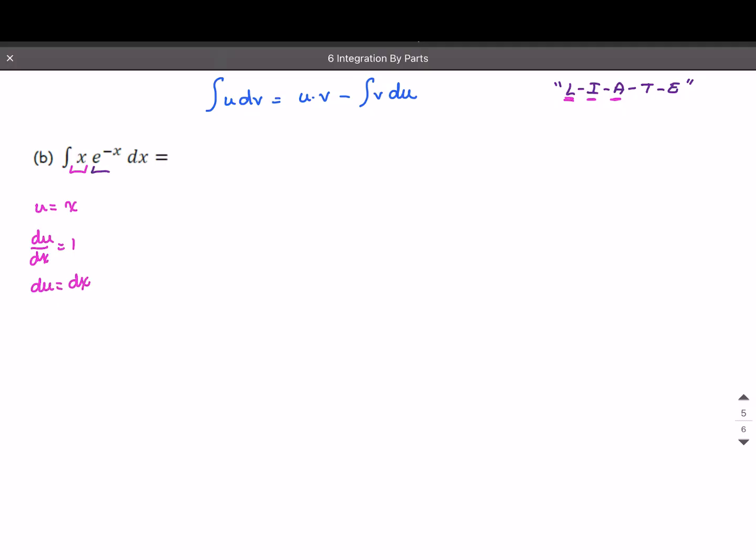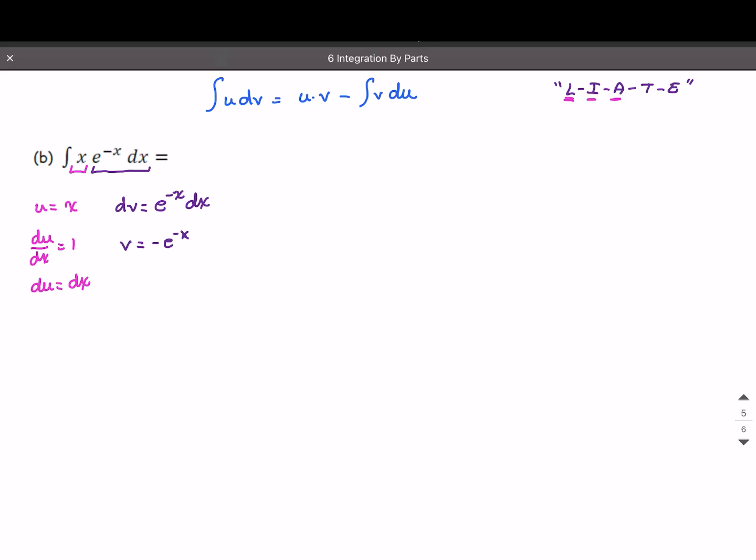That means that everything else that's left is our dv, e to the negative x times dx. Now if we take the antiderivative of e to the negative x, that's e to the negative x divided by negative 1, or just negative e to the negative x.